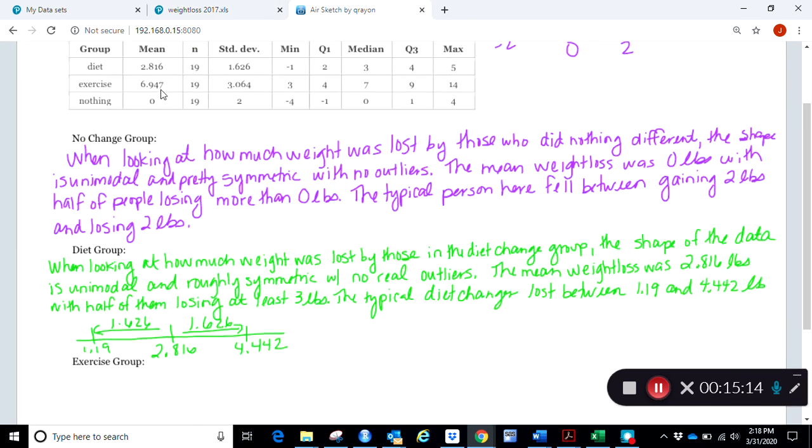Then our mean was 2.816 pounds. The median was 3, so half of them lost at least 3 pounds. And then doing our typical value, our mean and our standard deviation are used to get the 1.19 and the 4.442 pounds.